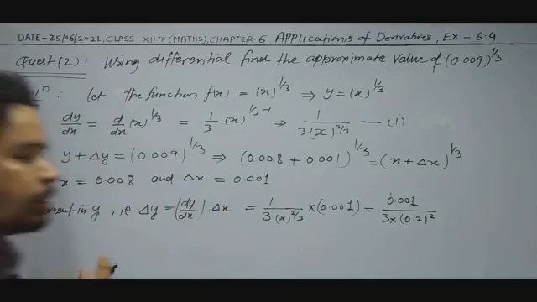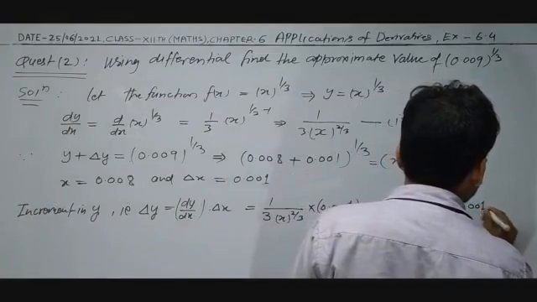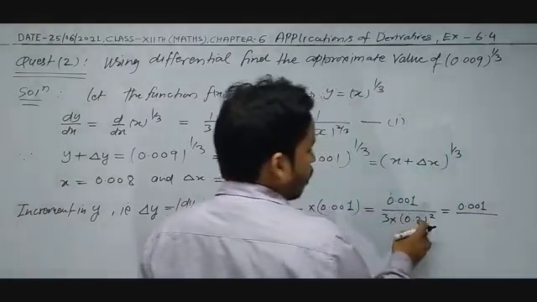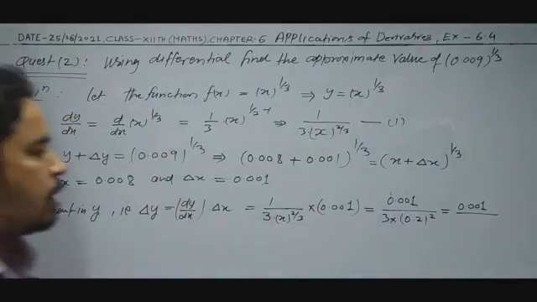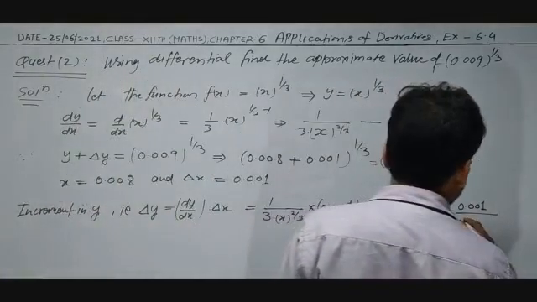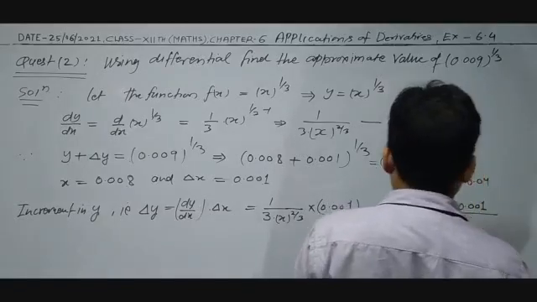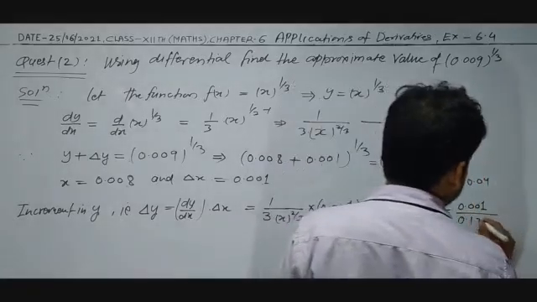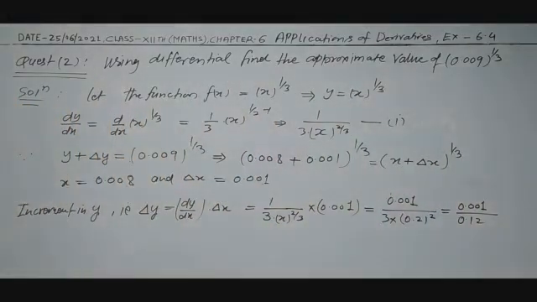It is 0.001 whole upon 0.2 multiplied by 0.2, which is 0.04, and 0.04 multiplied by 3 gives 0.12. So this is the calculation of increment in y, that is del y.